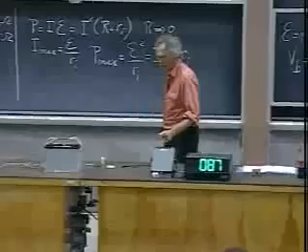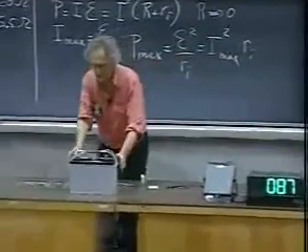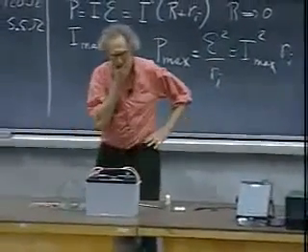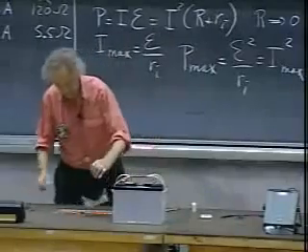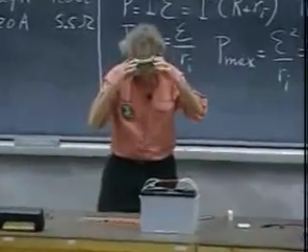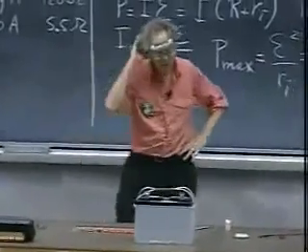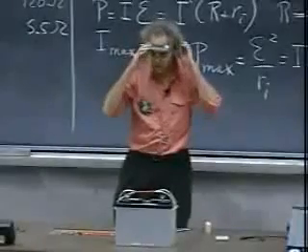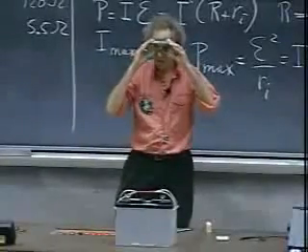So let's do it. I have here this battery, and I have here the wrench, just in case. I'm going to short out that battery, and as I do that, you will clearly see that the battery doesn't like it.